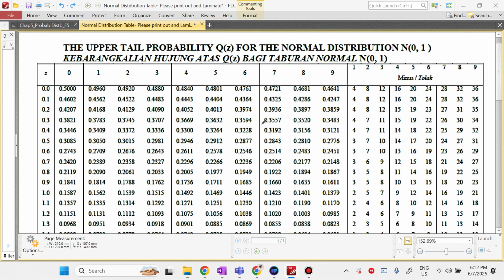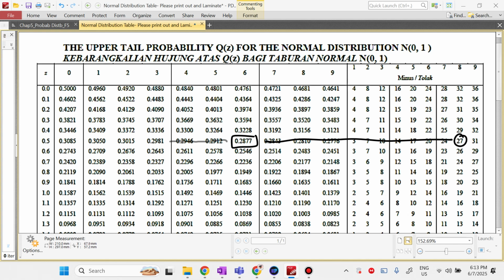0.285 is the given one. Okay, we see where 0.285 is. 0.284 is there, 0.287 is the biggest. Okay, take this 0.2877 in your calculator minus 0.285. So you will know you have to minus 27. 27 is here.